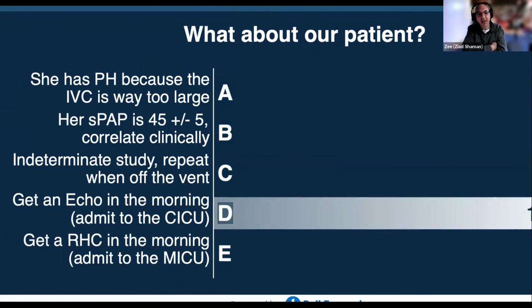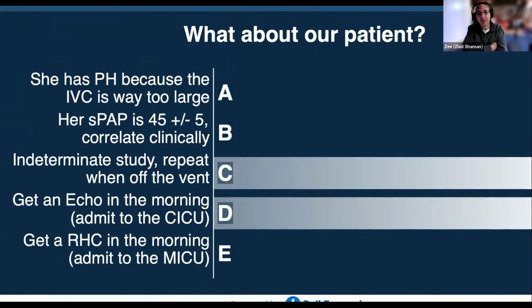Are you going to say that her systolic PA pressure is 45 plus minus 5, clinically correlate? Are you going to say wait until she's extubated? Or are you going to admit to the CICU because you're going to get a better echo tomorrow, or you admit to the MICU because you know we're going to put a right heart cath in her?